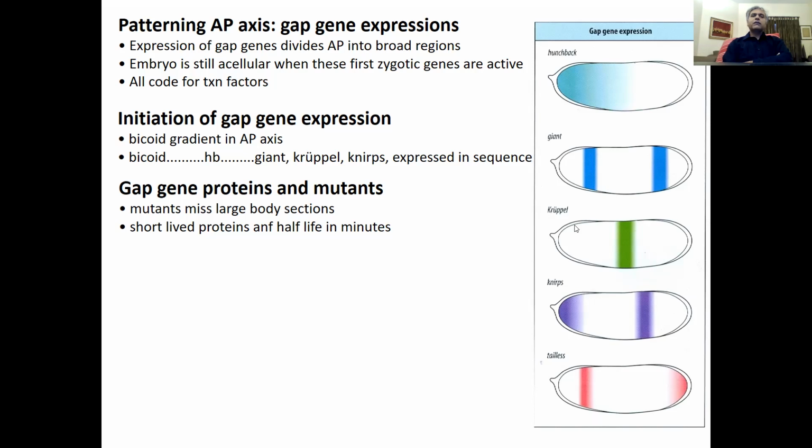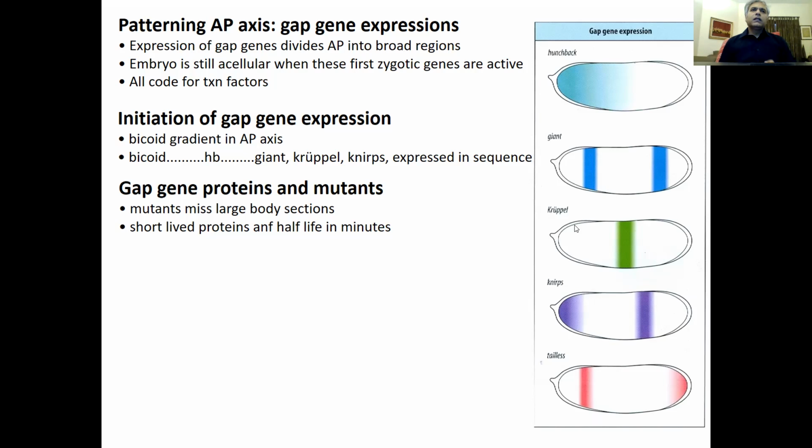So you remember we talked about the famous segmentation screen for body patterning by Eric Wieschaus and Christiane Nüsslein-Volhard, in which they categorized their mutants into different classes. So one of the classes of the mutants was named gap genes.